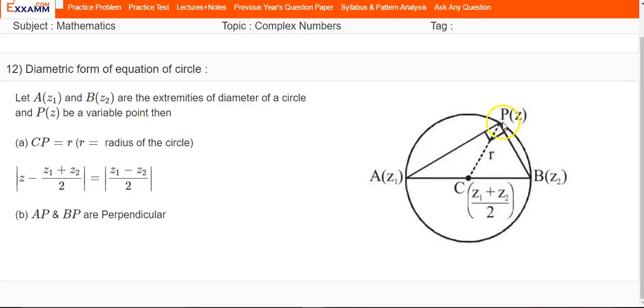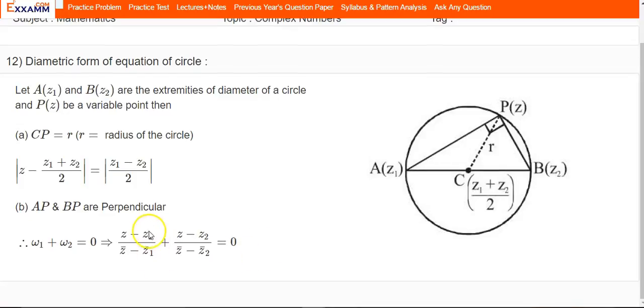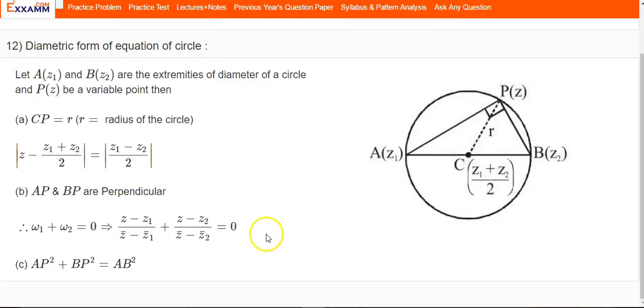Now what is the complex slope of this line? (z minus z1) divided by (z bar minus z1 bar). And what is the complex slope of this? omega 2 is (z minus z2) divided by (z bar minus z2 bar). So when we sum these two complex slopes, what do we get? 0. So this is another equation.